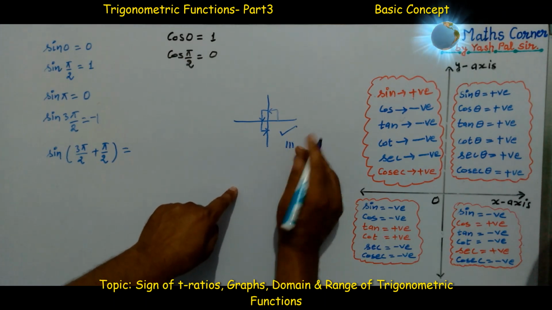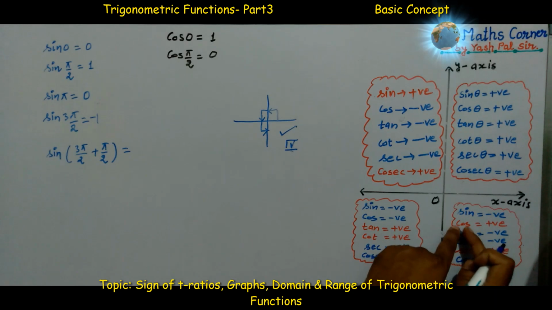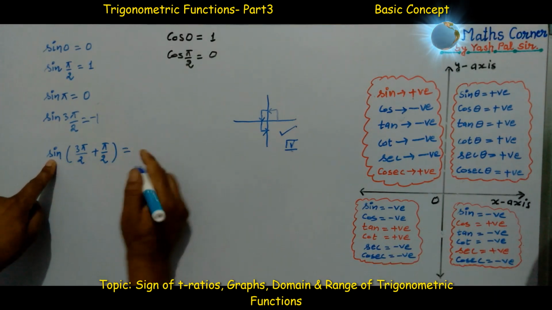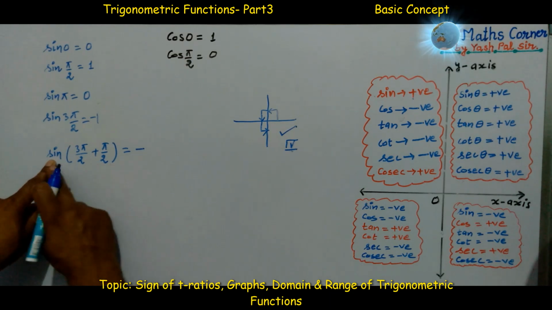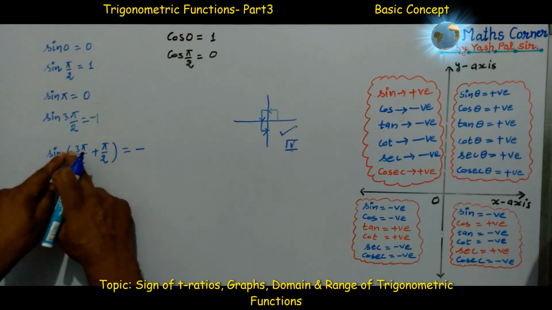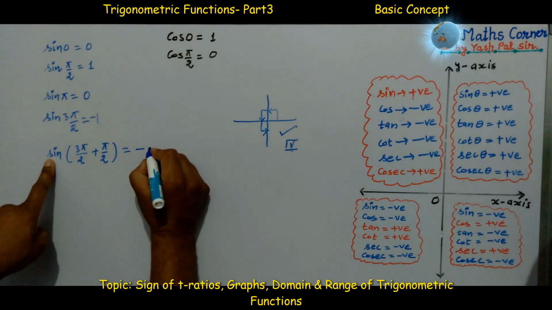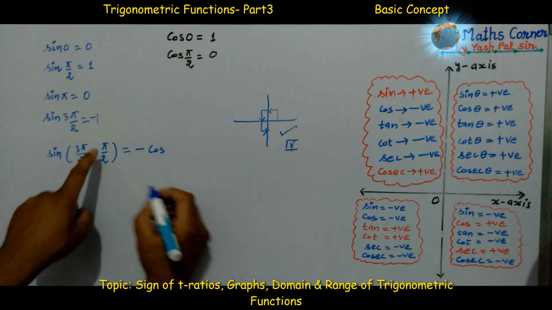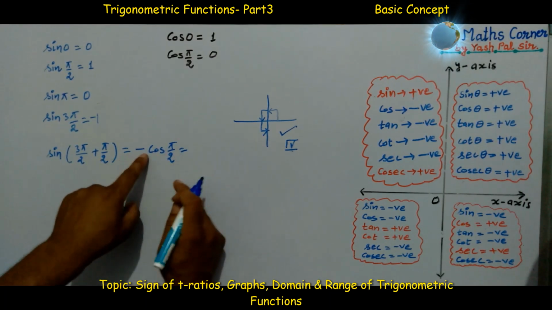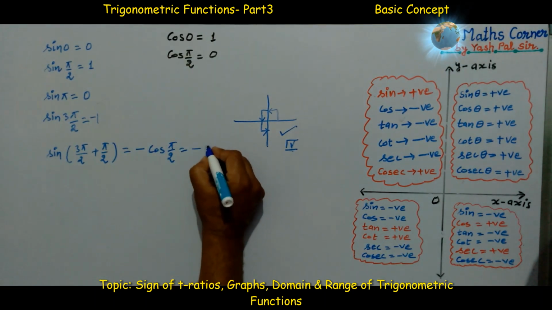In the fourth quadrant, cos and secant are positive, so sine here is negative. And because we have 90 degrees into an odd number, sine will become cos, and we just write pi by 2. This is equal to minus cos pi by 2, whose value is 0, minus 0 means 0.